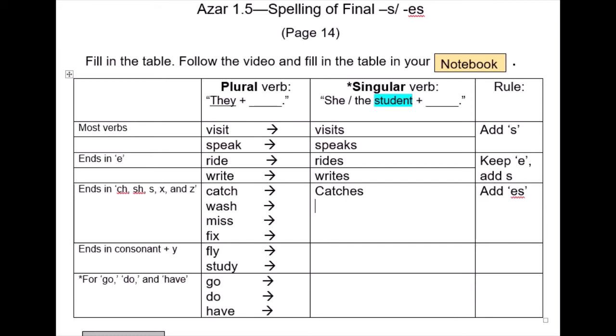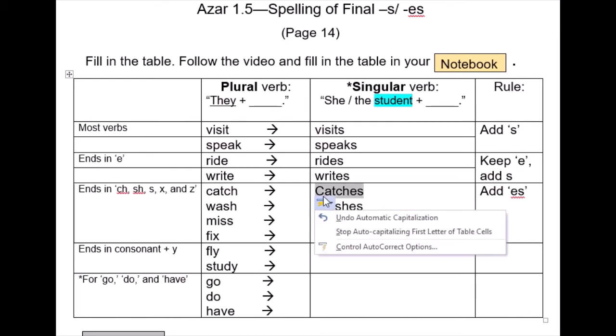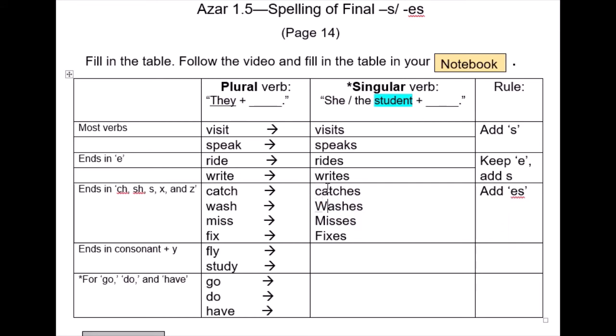They wash, she washes. They miss, she misses. They fix, she fixes. So all of these are pretty easy. Just remember, if you have any of these endings, CH, SH, X, S, or Z, then you use ES.